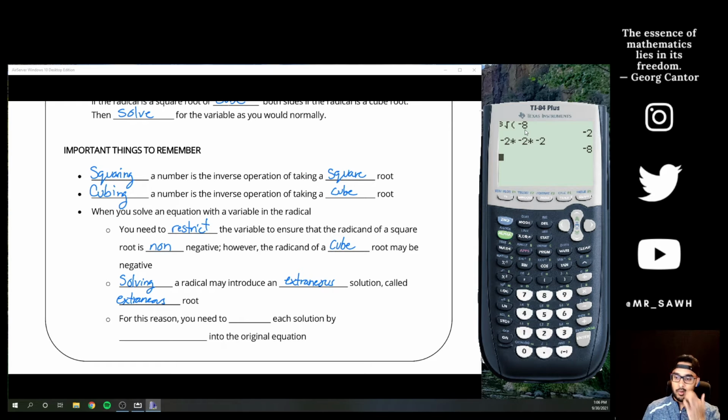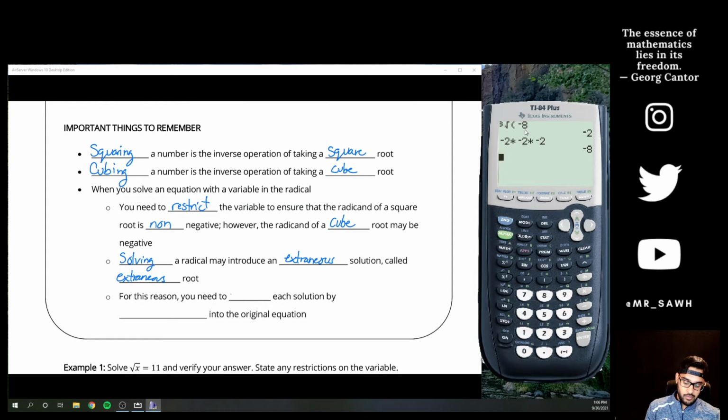When we square root a number, we could potentially get 2 answers, the positive version and the negative. So there are some cases where only one of them will actually be the one that works. So for that reason, we need to verify each solution by substituting into the original equation. Okay, so we can plug them back into the original in order to do this.